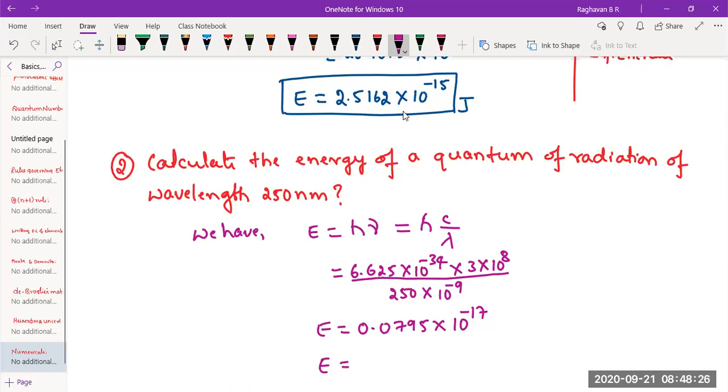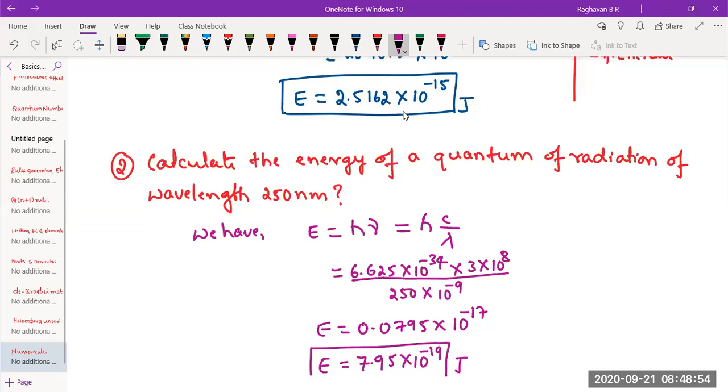Minus 17, when it is a negative power, decreasing the power means it should go to a more negative value. I will shift the decimal now. It becomes minus 18. I'll shift one more. It becomes minus 19. So 2 decimal shifts. 7.95 into 10 raised to minus 19, unit is joules.